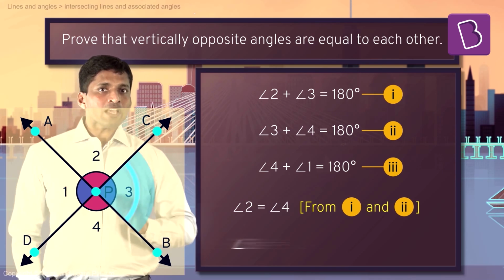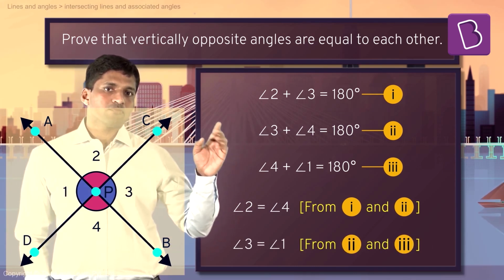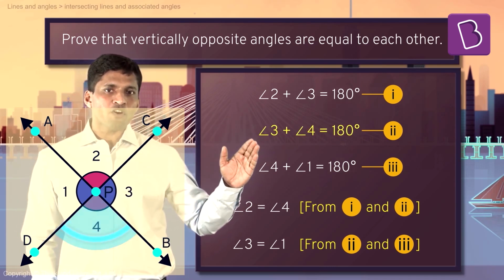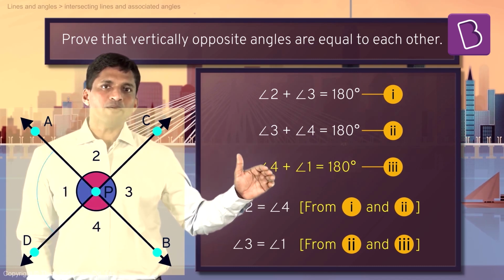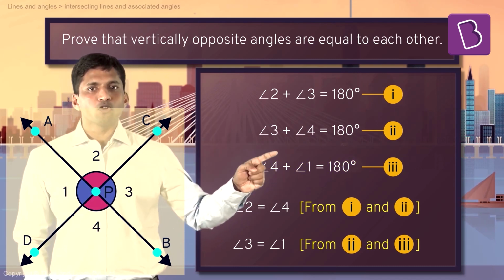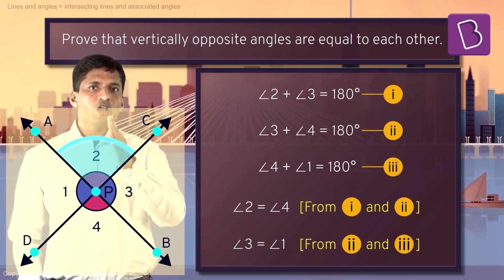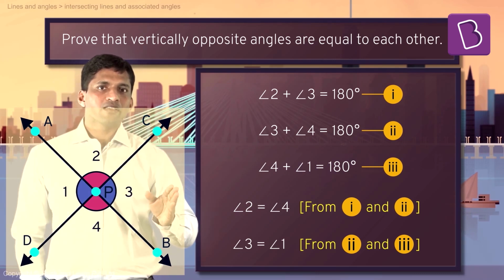Now angle 3 equal to angle 1, you will get from statements 2 and 3, because statement 2 is angle 3 plus angle 4 and statement 3 is angle 4 plus angle 1, and they are equal because both are equal to 180. So we just proved that angle 2 equal to angle 4 and angle 1 equal to angle 3.